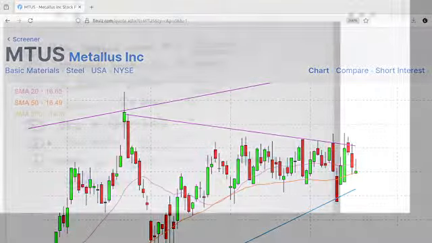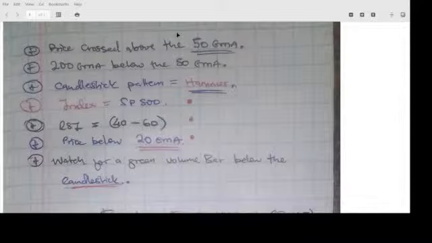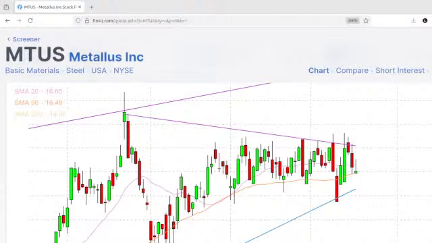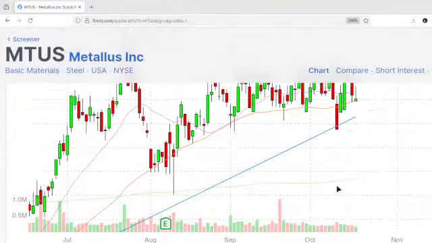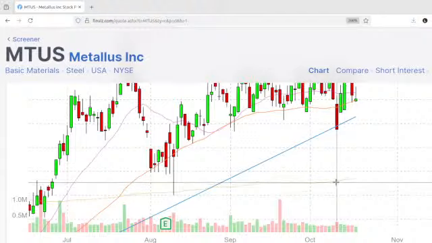You can see the moving average is this yellow line here. The price is above the 200-day moving average.